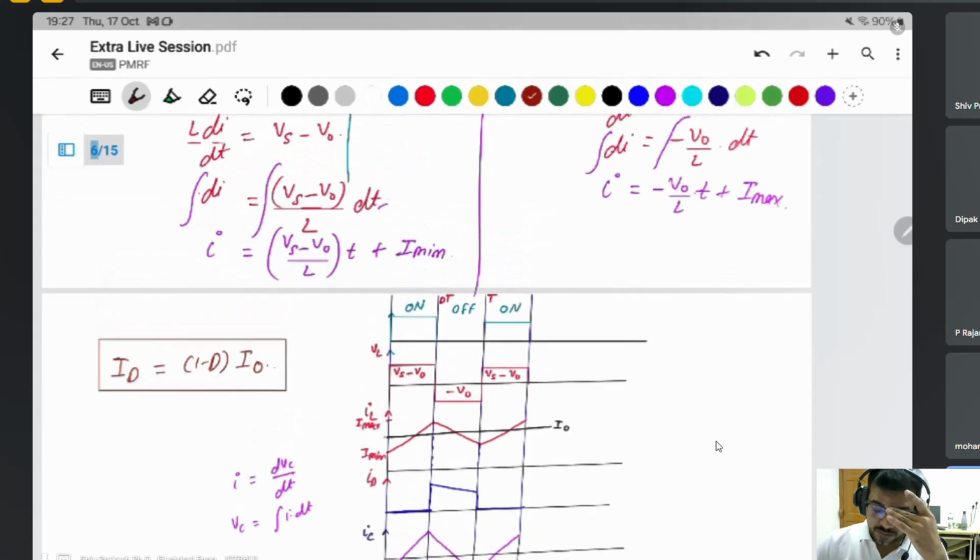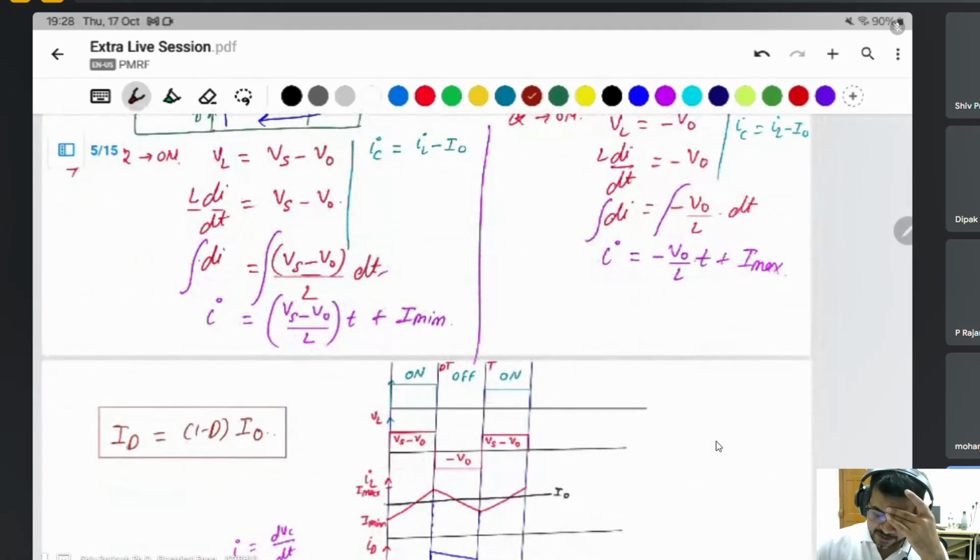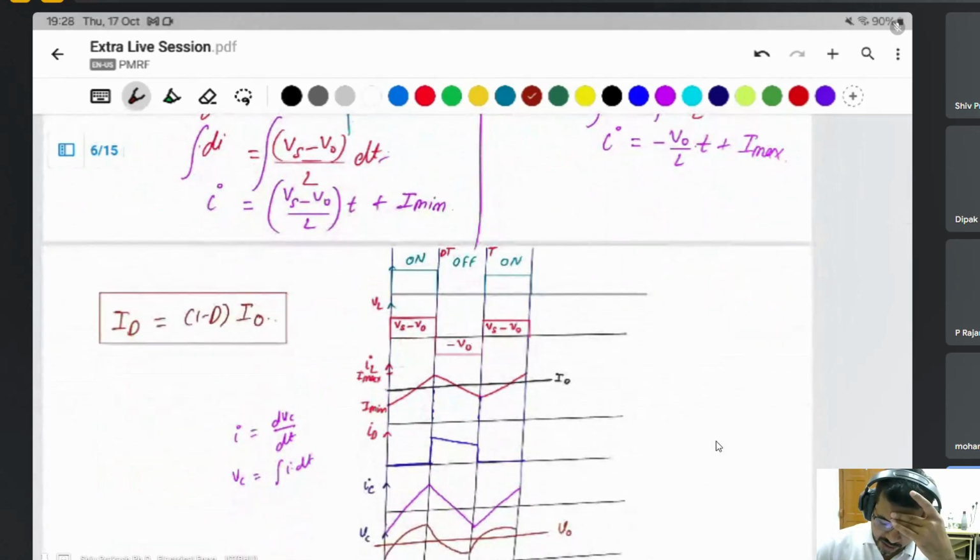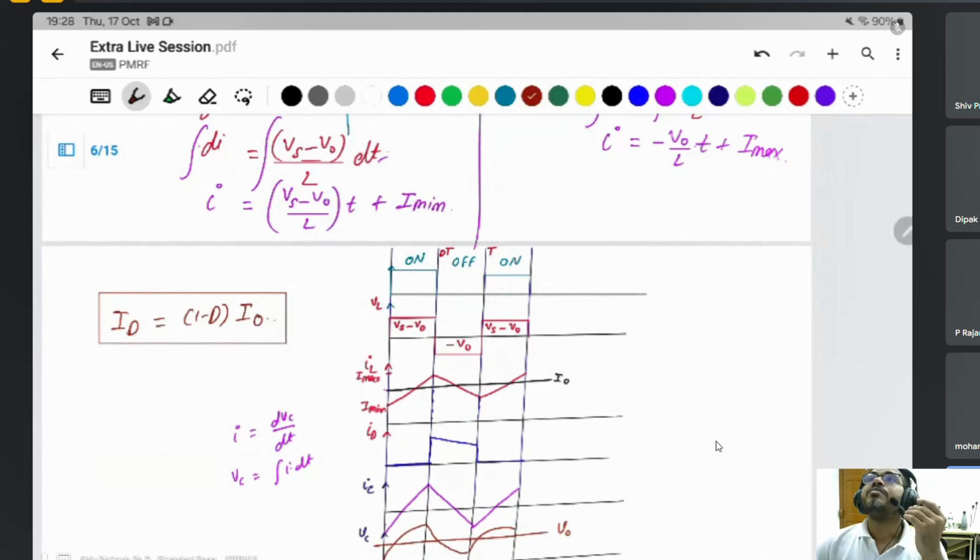You can find the duty cycle by using the voltage equation.